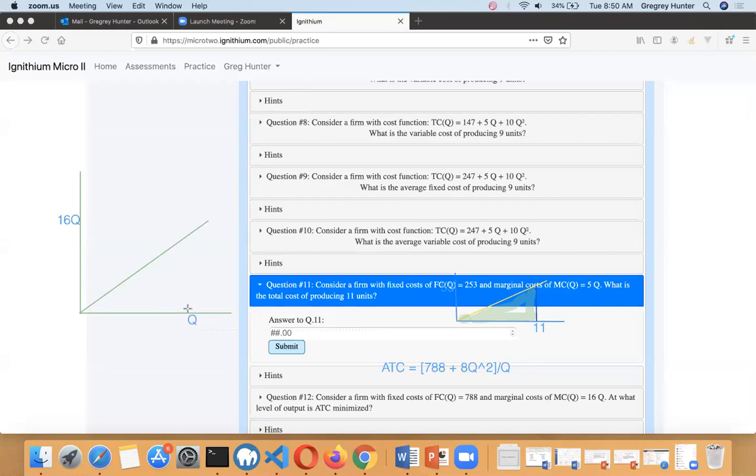What you guys are used to is having a specific quantity, and this is just an arbitrary quantity, but the height of that triangle is still 16Q for any given Q, and its base is Q. So 1/2 Q times 16Q. Perfect.